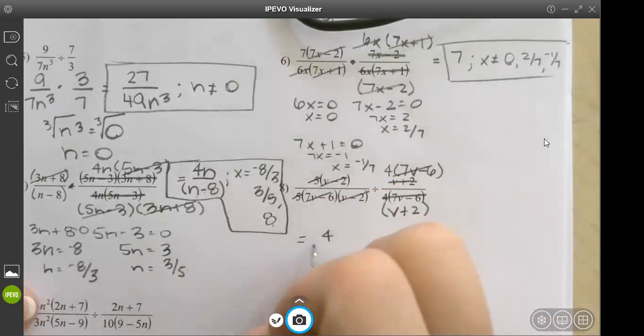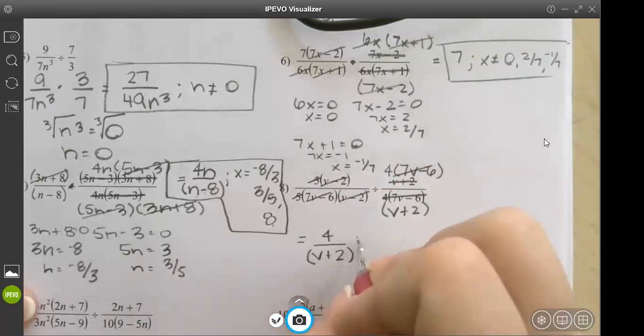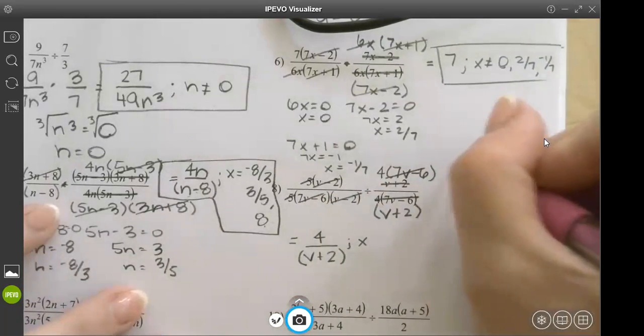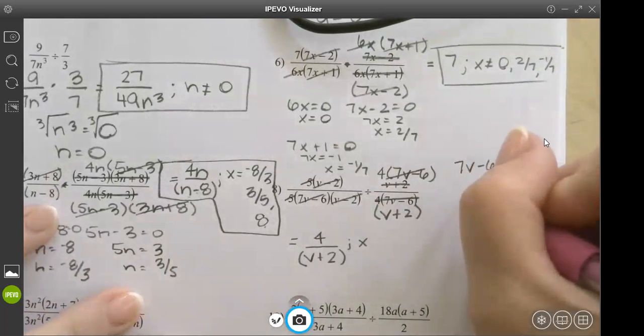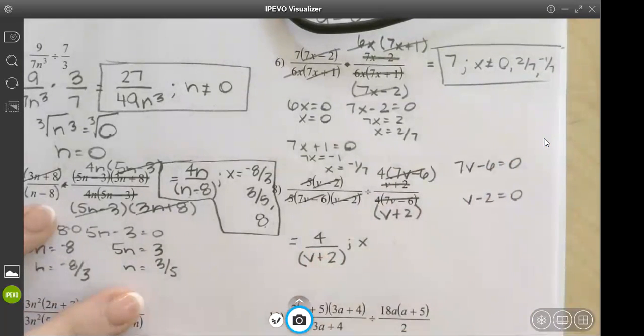What do I have left on bottom? And then I'm going to have points of discontinuity. I did 7v minus 6. I did v minus 2. And I left a v plus 2.